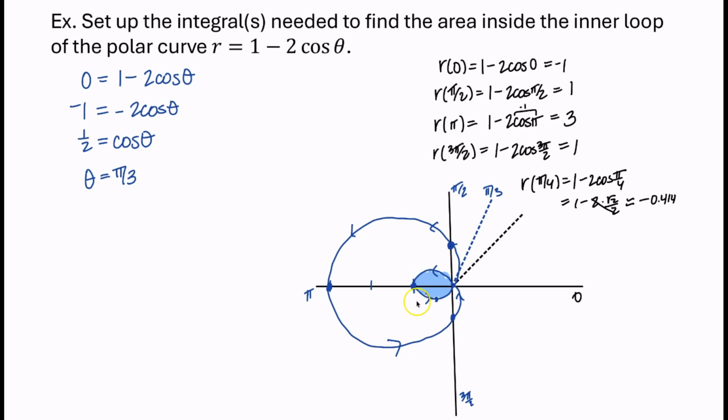To find the area of this little inner loop, I'm going to use symmetry. I'm going to start by just finding the area of this little bottom portion. Let me use a different color. This little bottom portion, and then double it. So our area is going to be, at first anyways, 1/2 the integral from 0 to pi over 3.